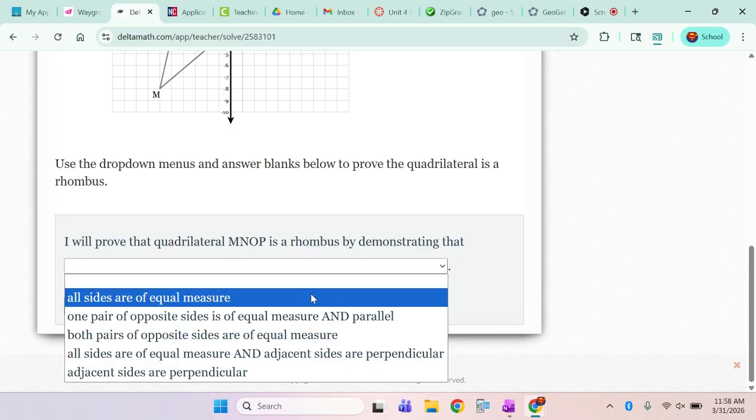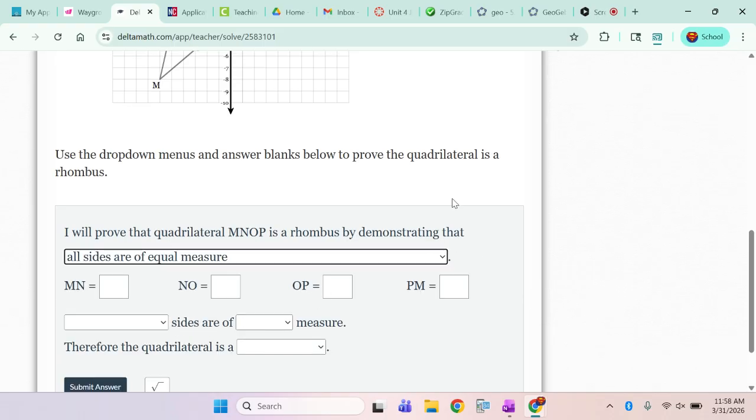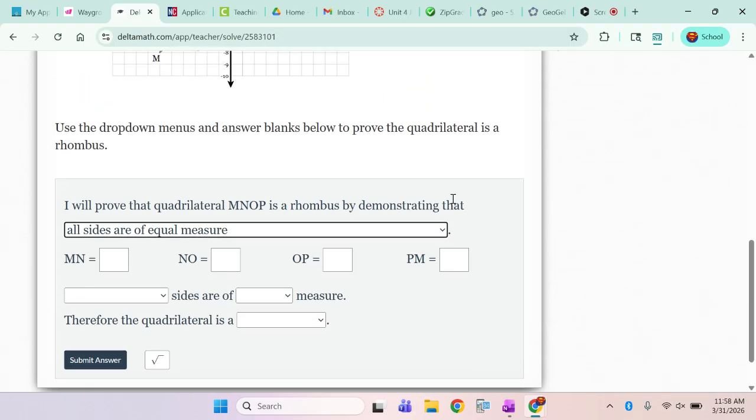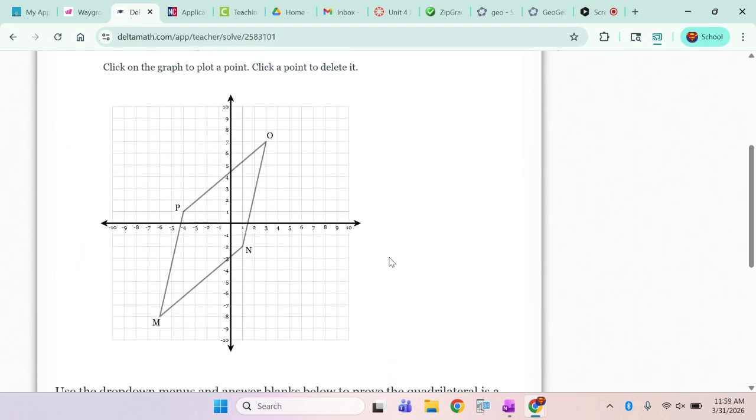The only thing that we need is that all sides are of equal measure. They want us to show that these are all congruent. Here's how you do that.